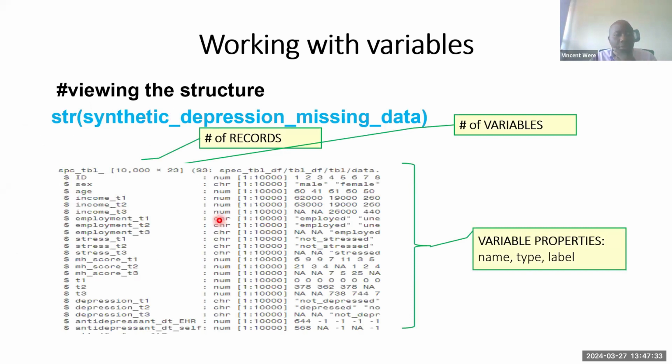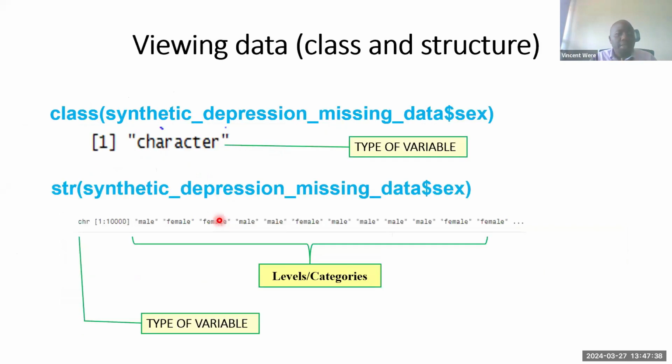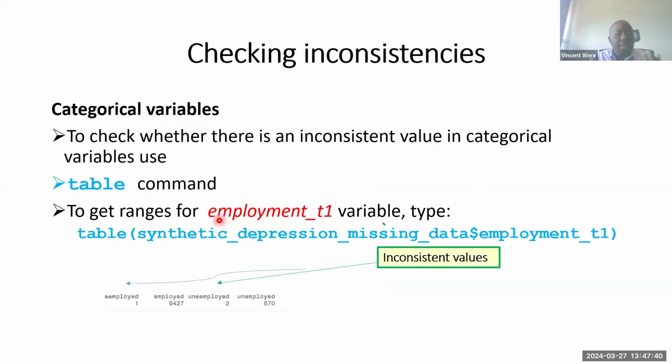We have looked at the structure, so we don't want to repeat this. We have looked at the class. Now, I want us to check inconsistencies in the data using a way of running frequencies. There is a command called table that gives the number of records per category of a categorical variable.